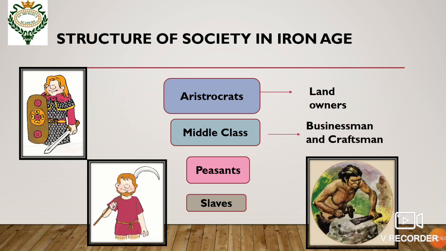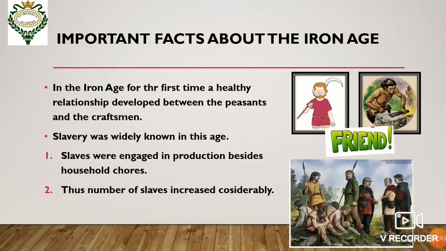Now let us know something about the Iron Age society. It was in the Iron Age for the first time a healthy relationship developed between the peasants and the craftsmen. And why did such a thing happen? It was because they were dependent on each other for their livelihood. How?